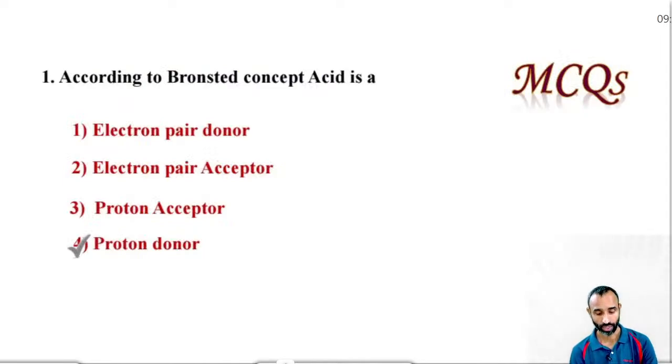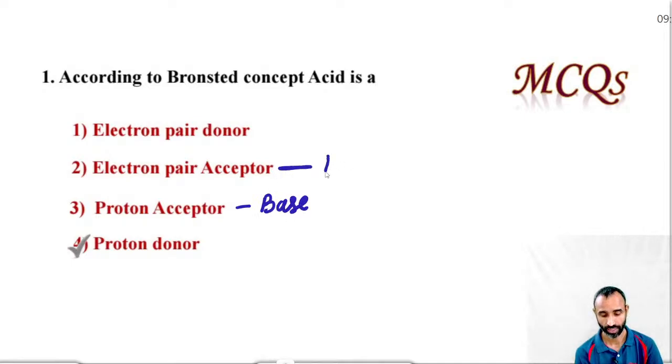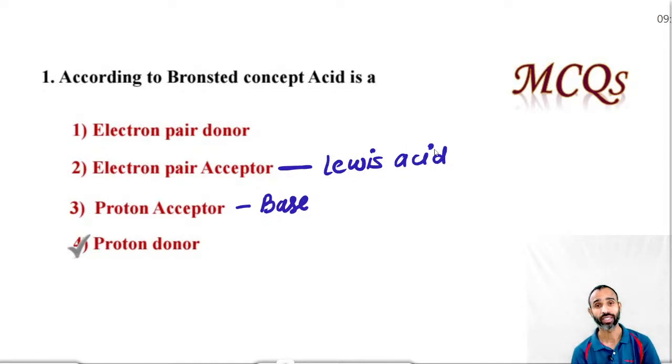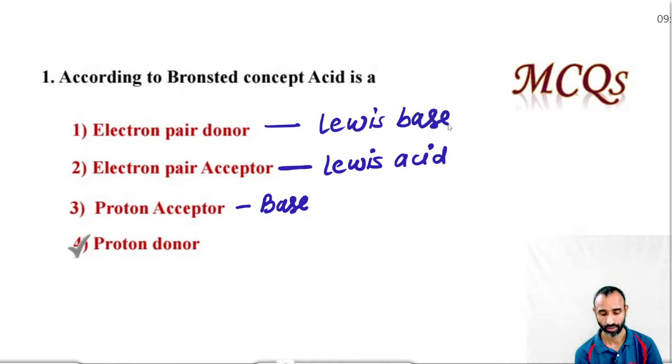So according to Bronsted concept, acid is proton donor and base is proton acceptor. According to Lewis concept, acid is electron pair acceptor and base is electron pair donor.